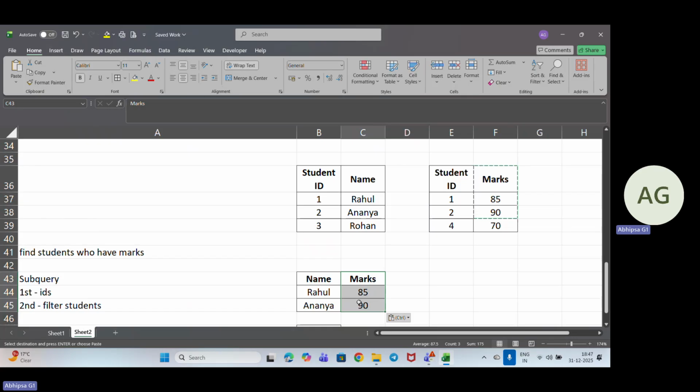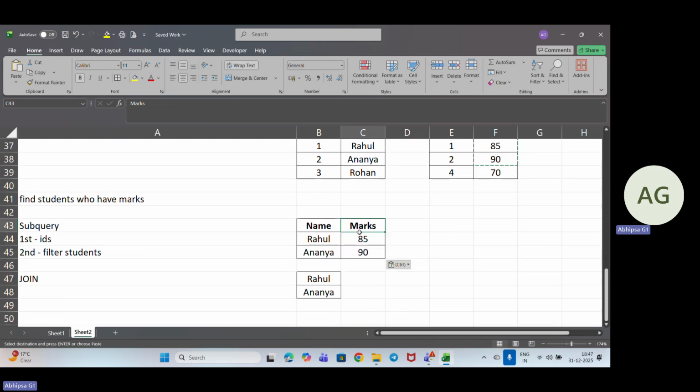Majorly, the difference we can find here is that a subquery focuses on the matches, like who actually is the match, the names. So here we get the name.